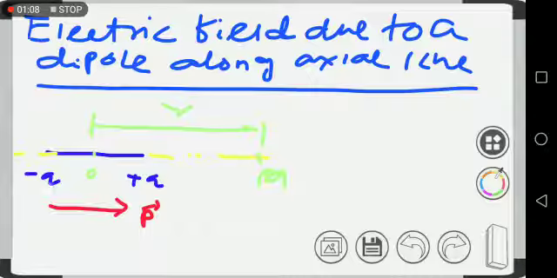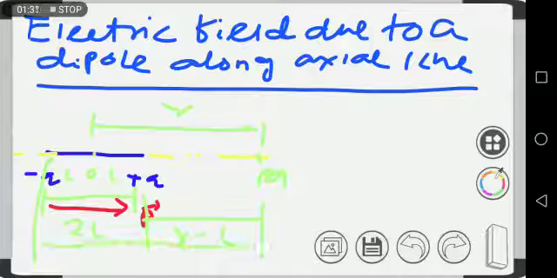The dipole is having a total length of 2L, so this length is L and this length is also L. So we can easily find the distance between plus q charge and M point. This will be r minus L, and the distance between the minus charge and M will be r plus L.